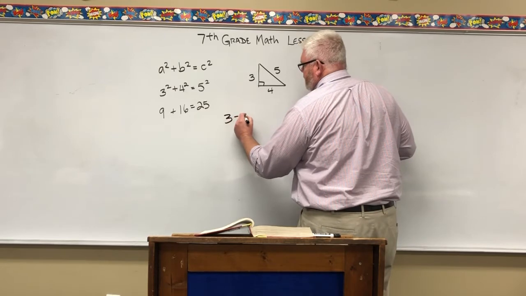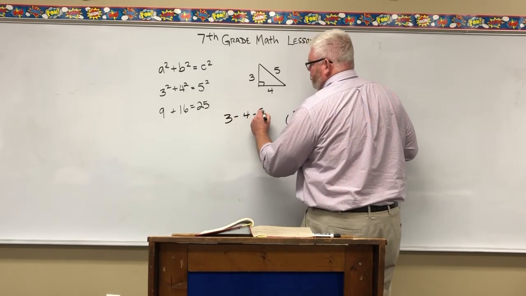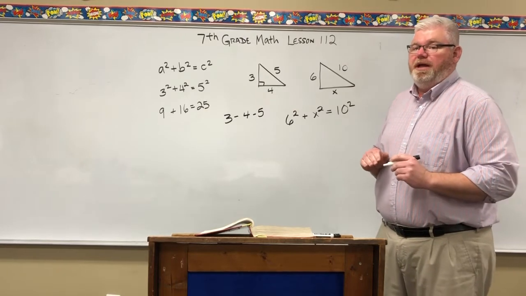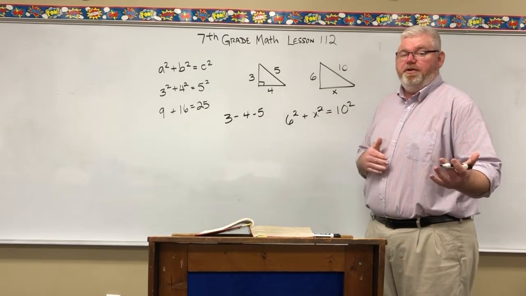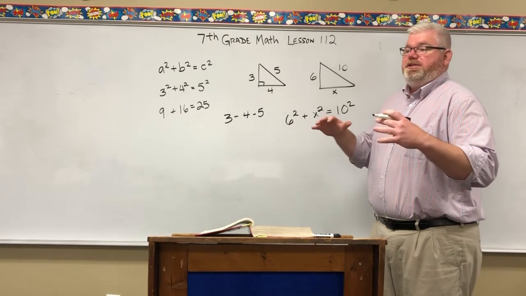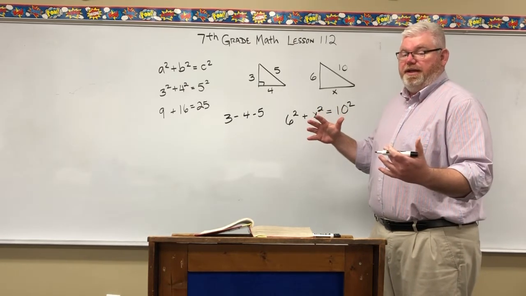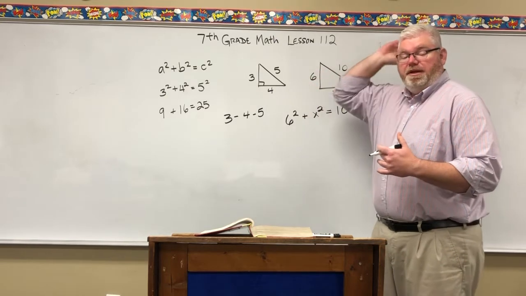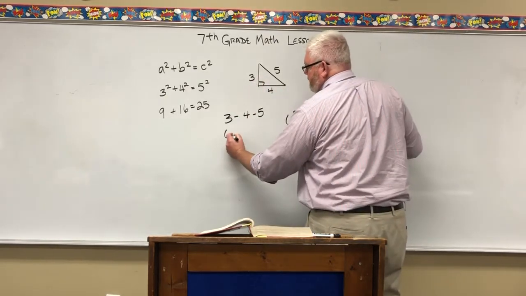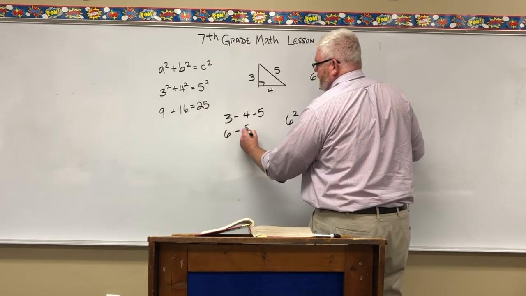3 and 4 and 5 is a triple. Now, we know that if we multiply, we talked about scale earlier in the year, if we multiply by a number, what happens? That scale gets larger, right? It's still going to keep the same shape, but our scale will get larger. So if I multiply this times 2, that would be 6 and 8 and 10.